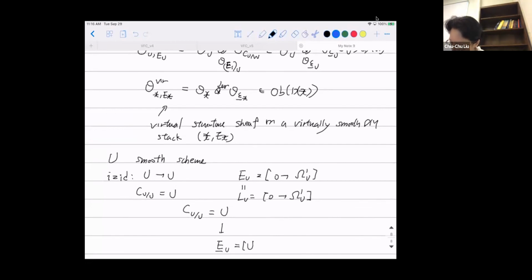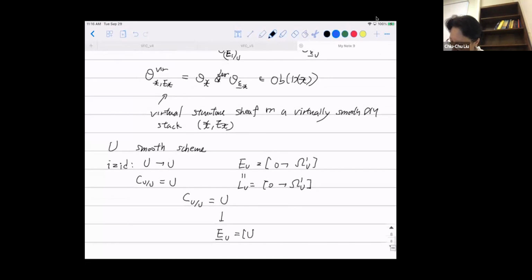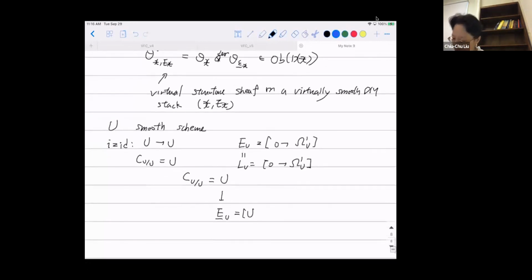This is just U, and you can think of U as a vector bundle of rank 0, and then you mod out the action of the tangent bundle. But in this case, these two are identical, so these two are just the same. And then you can just do the intersection here.